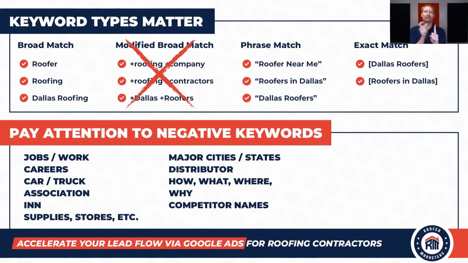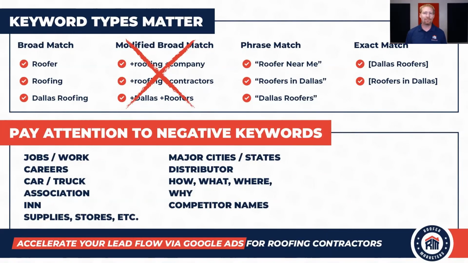And it's Integrity Roofing Company and Apex Roofing Company and Next Gen Roofing Company, right? And so one of the biggest things, especially in phrase match, is to really do an extensive search on the company names in your area and add those to the negative keyword list. There is a strategy, right? There is a strategy about bidding on your competitors' names.